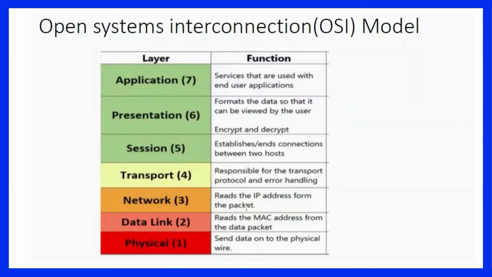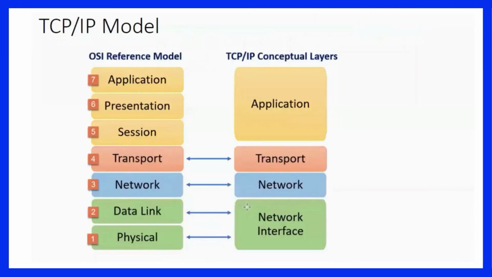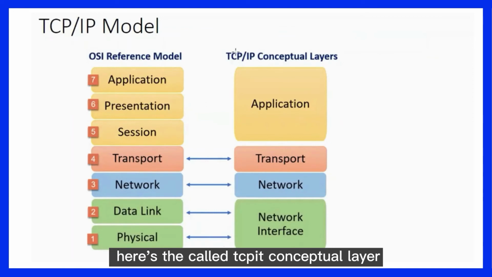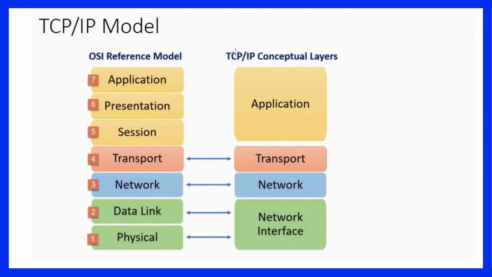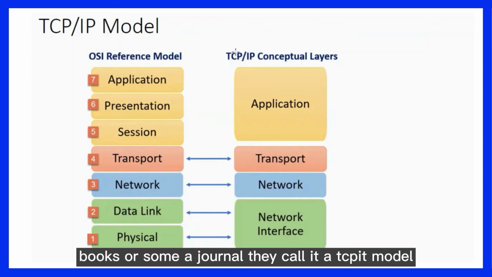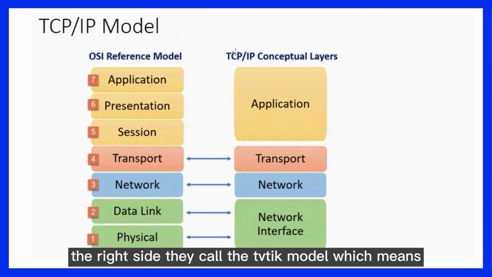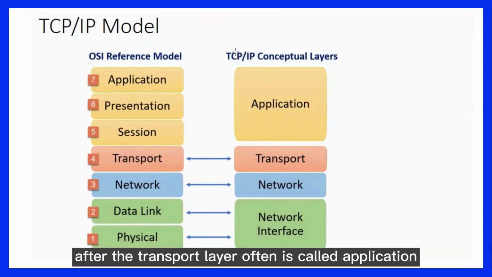That's called the TCP/IP model. Here is the TCP/IP conceptual layer; some books or journals call it the TCP/IP model. The left side is the OSI model and the right side is the TCP/IP model, which means after the transport layer, all of it is called the application layer.